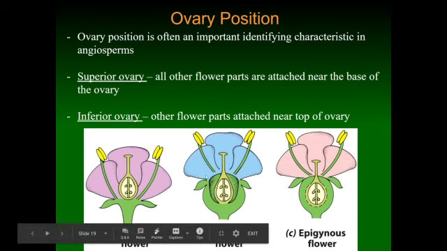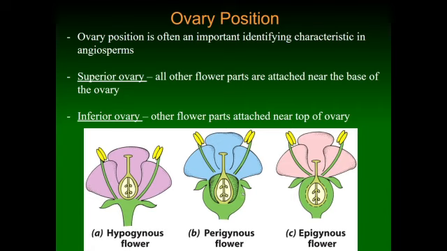So the perigynous flower, peri again means around. This thing actually makes a cup going around the ovary. Technically, the ovary is still superior because everything is attached below it, but the flower can be described as perigynous. So the flower goes around the gynoecium. The epigynous flower is always going to have an inferior ovary.